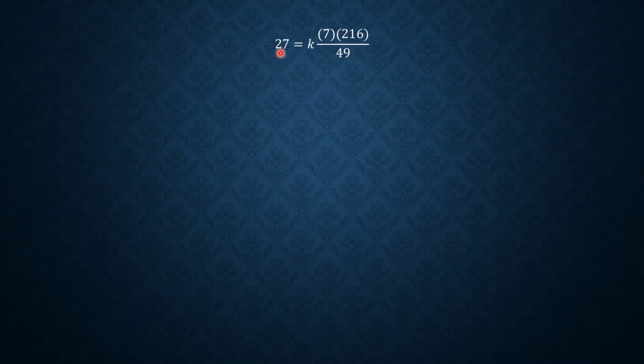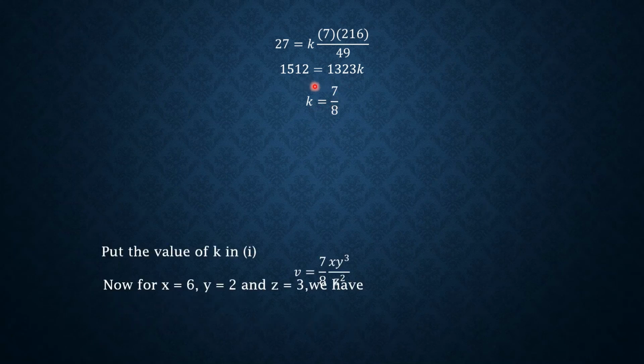Now this can be written as 27 equal to k into 7 into 216 by 49 after solving the powers. So we have 1512 equal to 1323k. Now k equals 7 over 8 after simplification.